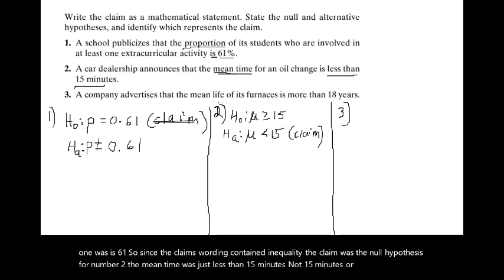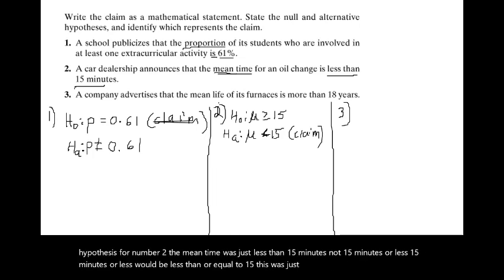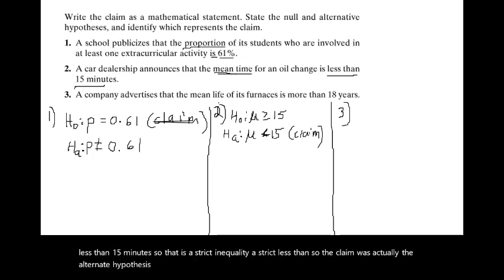This was just less than 15 minutes, so that is a strict inequality, a strict less than, so the claim was actually the alternate hypothesis. So pay attention to how your claim is worded, and that will determine whether it is the null hypothesis or the alternate hypothesis.